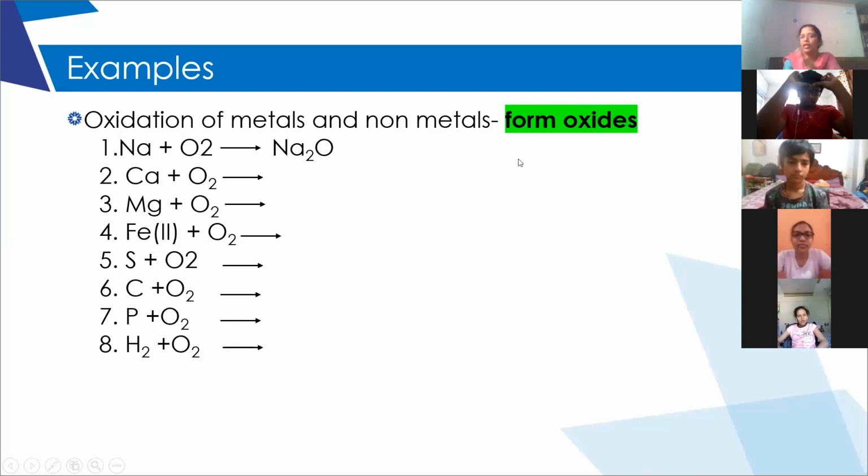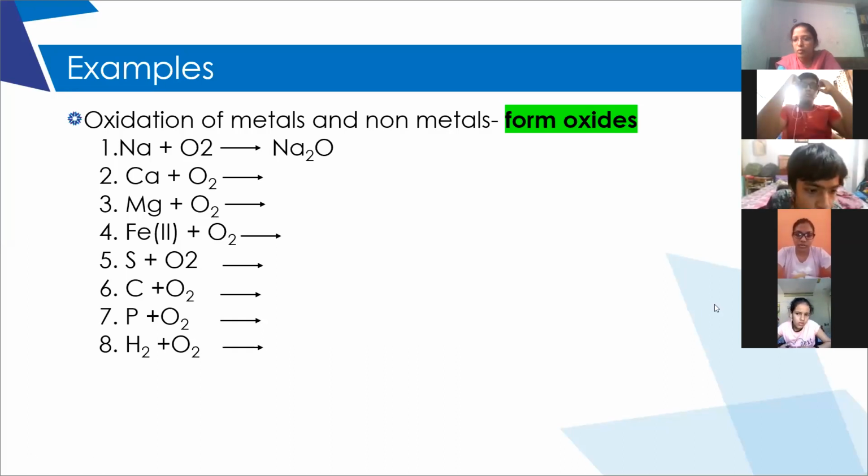So metals react with oxygen to form metallic oxides, and non-metals react with oxygen to form non-metallic oxides. Clear? So what is the valency of oxygen here in oxides? 2 minus, right? Minus 2. So based upon that, we will write the products.